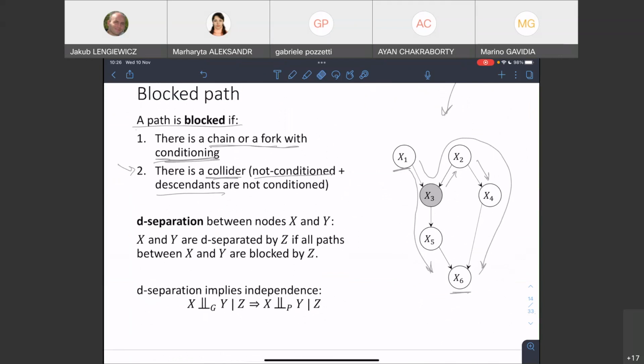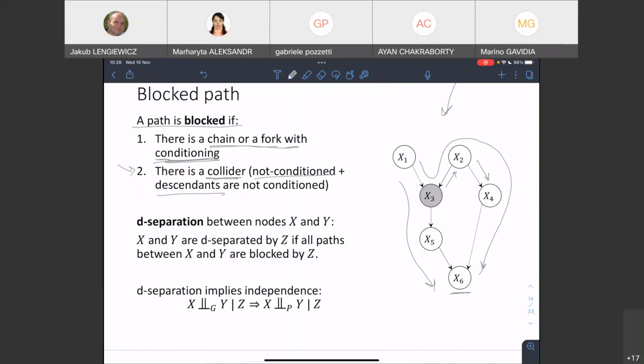Let us now consider this situation on the graph, and let us think about whether the paths are blocked or not. We'll first talk about the first path, that is the directed path. And here we have a chain and again a chain. And we see that this middle node is observed, it is conditioned on. It means that this path is blocked.